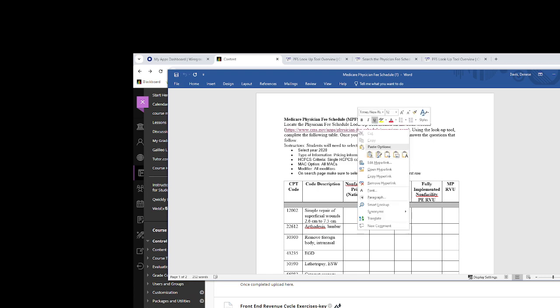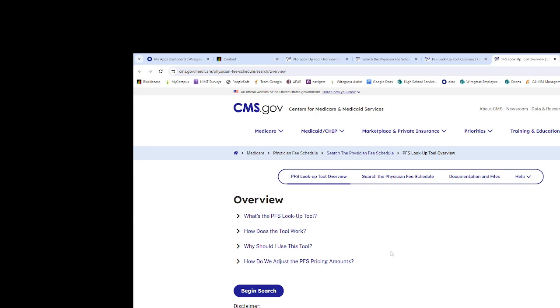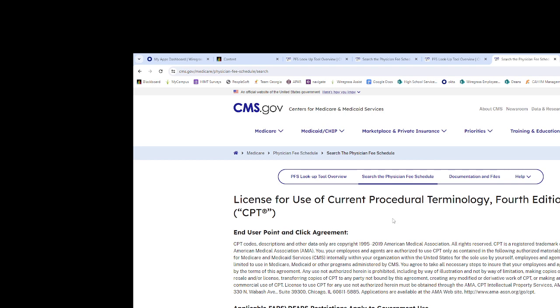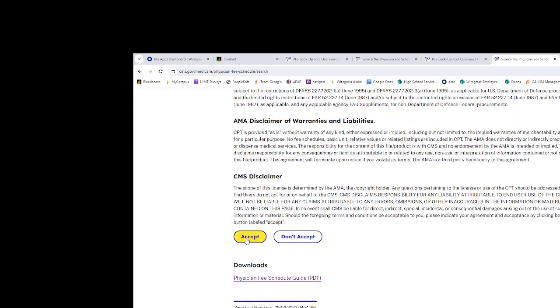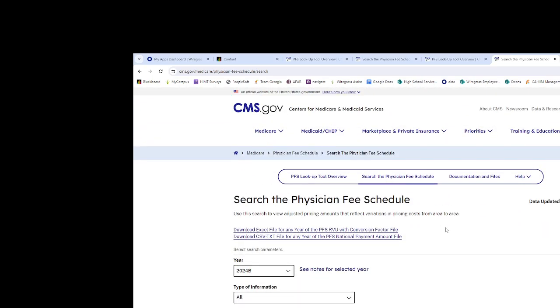I don't know why. So hit open hyperlink, and it comes right here. And you're going to search the physician fee schedule. You're going to come down and hit accept.